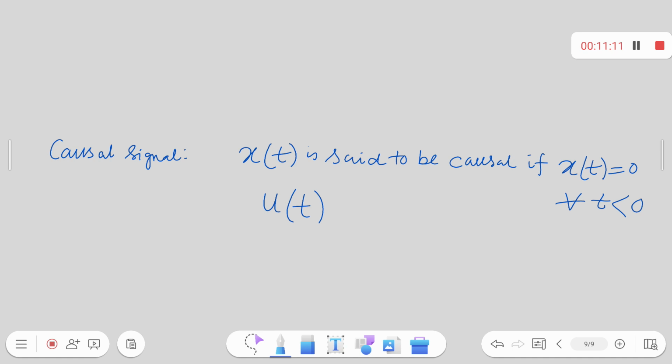Now, what is a non-causal signal? A non-causal signal is something which does not obey this formula.